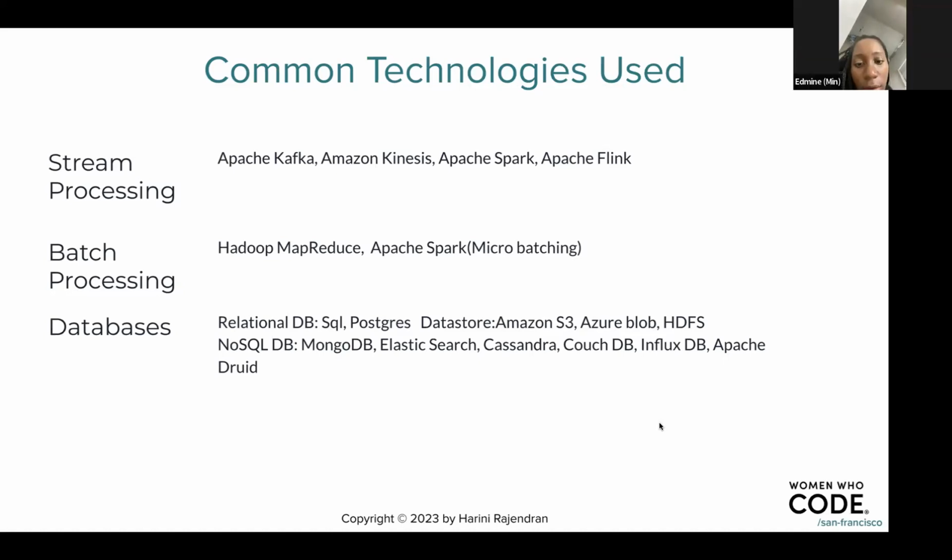Okay, and then for the data stores, are those all cloud-based? It depends. If you see Amazon S3 and Azure, those two are cloud-based because they are offered by Amazon and Azure. But if you take MongoDB, Elasticsearch, Cassandra, all of these are open source databases, and there are cloud offerings as well.